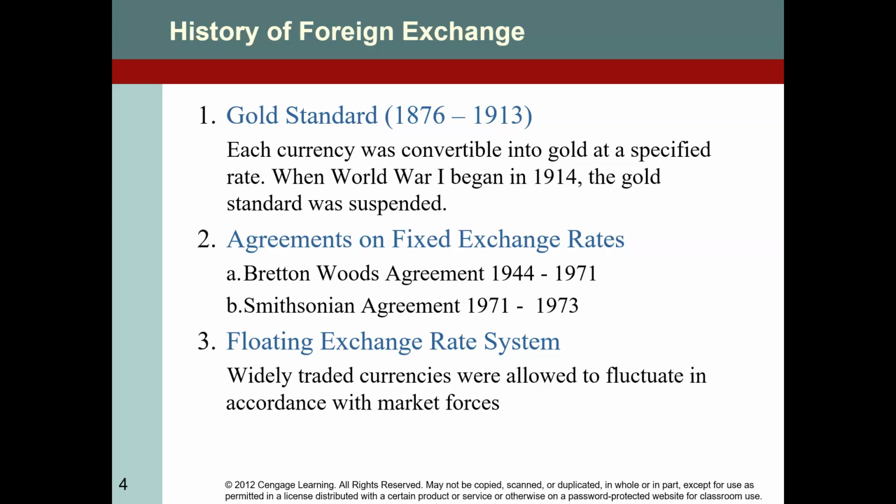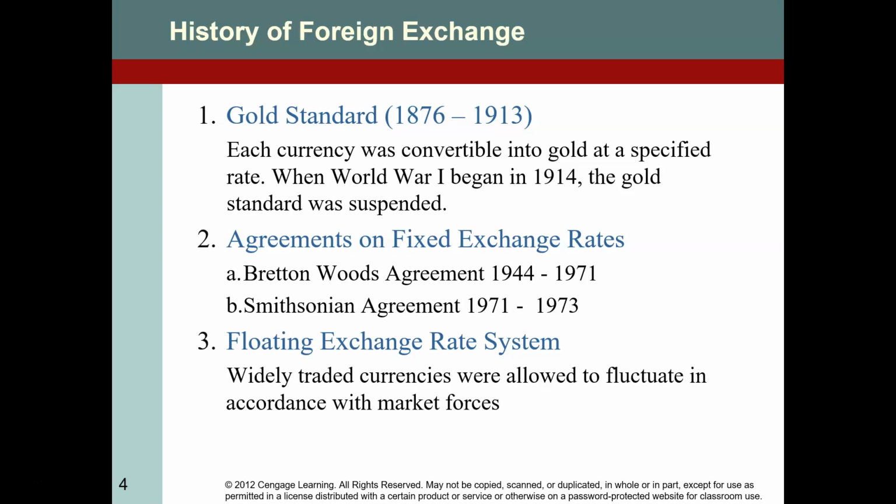The history of foreign exchange market. We have three stages. The first stage is gold standard from 1876 to 1913. Each currency was convertible into gold at a specified rate. When World War I began in 1914, the gold standard was suspended. Then in the second stage, we have agreements on fixed exchange rates.